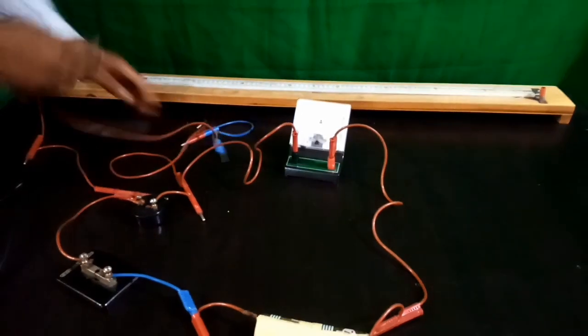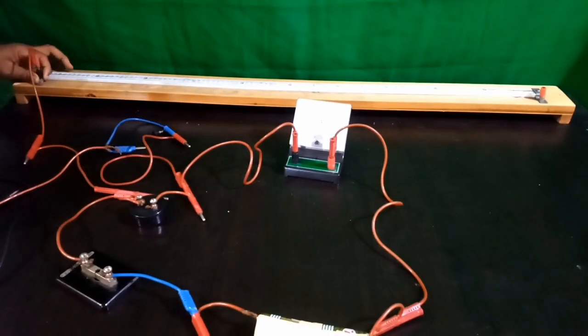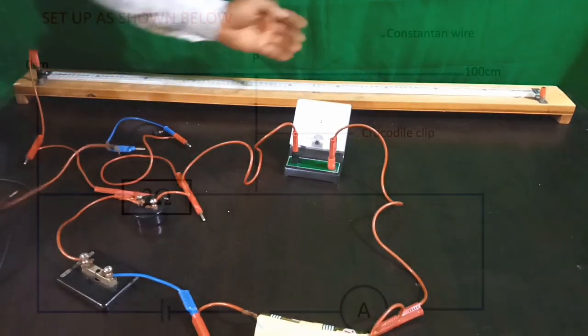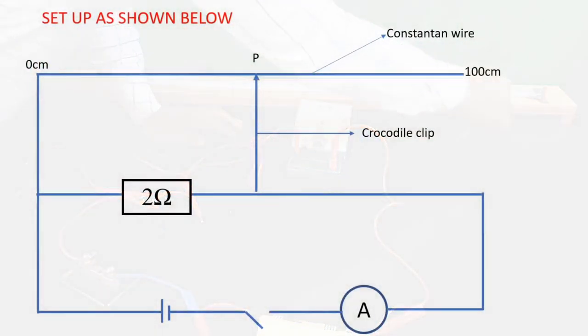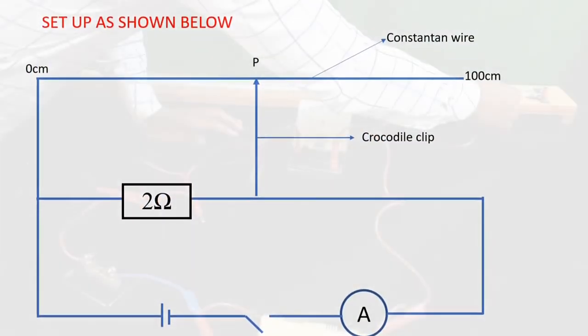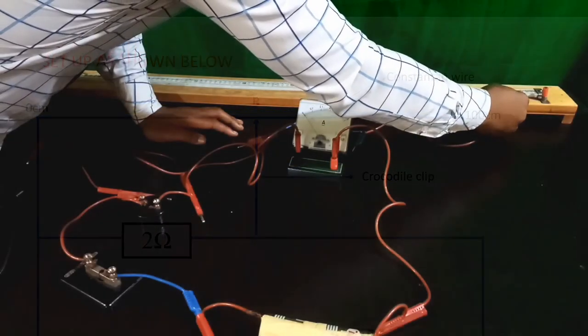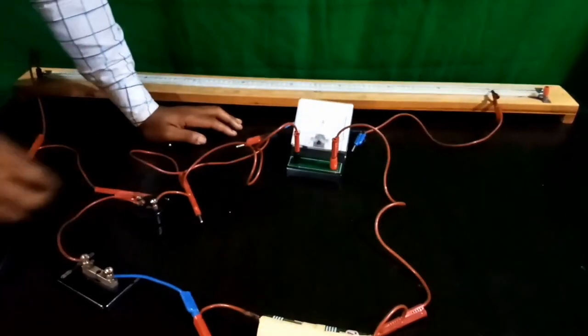So 90, I'm reading from here. This is 0 and 0. I am locating 90 along this path. This is my 90.